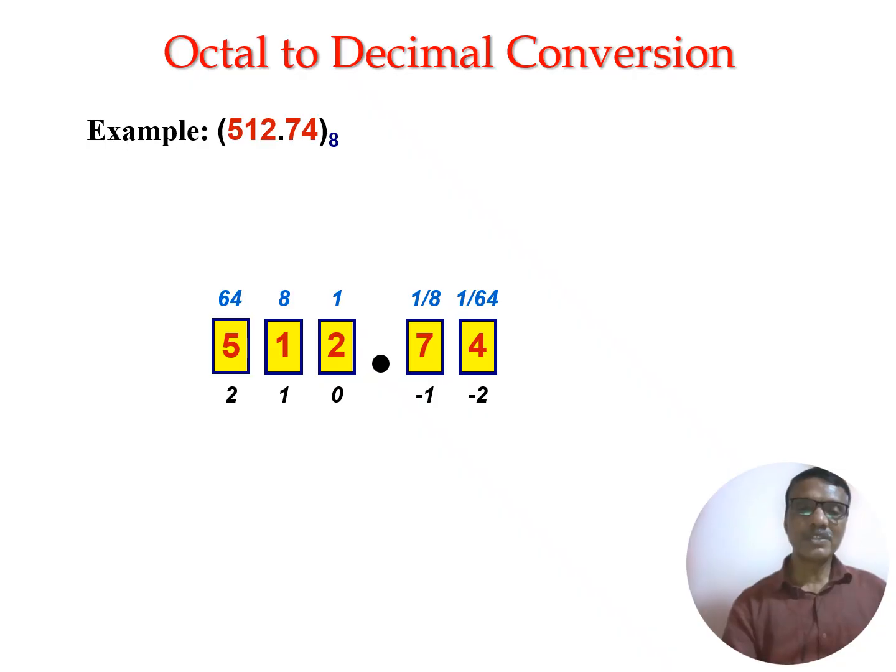So 8 power 0 means 1. 8 power 1, 8. 8 power 2, 64. And then after the decimal point, 8 power minus 1, that is 1 by 8. 8 power minus 2, that is 1 by 64.